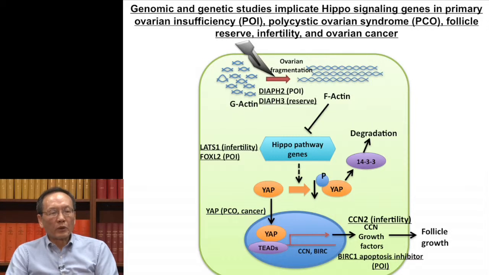In all these patients, the genome-wide analysis came out with genes such as DIAPH 1, 2 and 3, which are involved in actin polymerization. YAP has been shown to be involved in PCO patients. And BIRC, in the lower right-hand corner, shows an apoptosis inhibitor. BIRC1 actually was found in POI patients, with genome copy number changes in this gene.